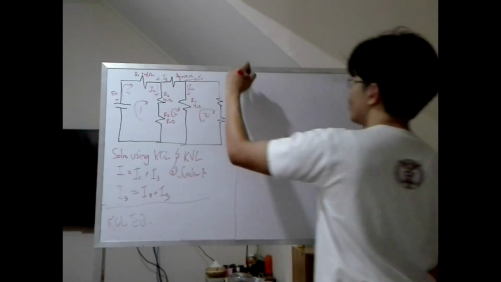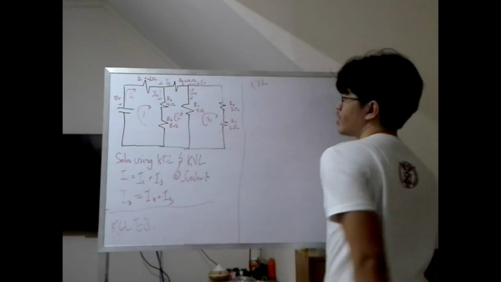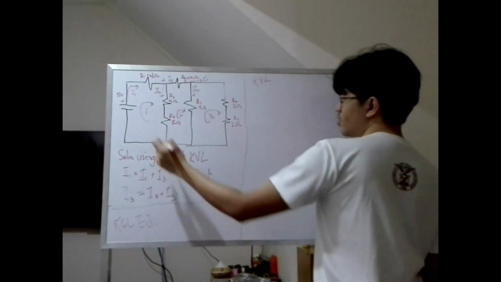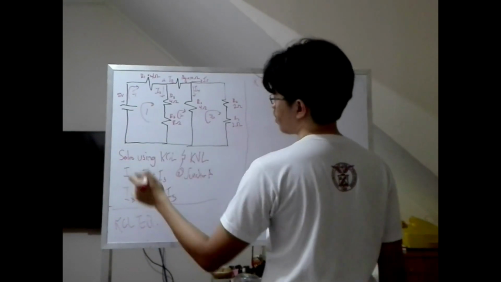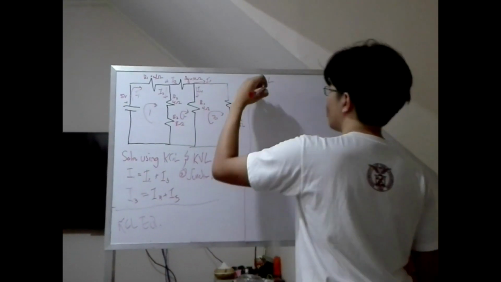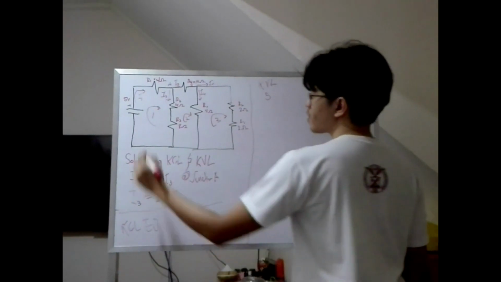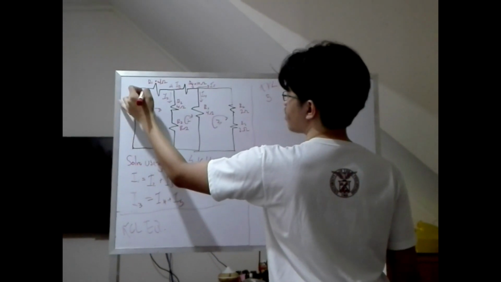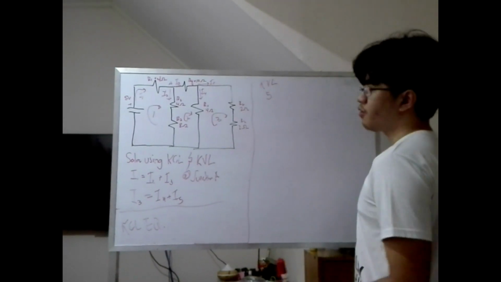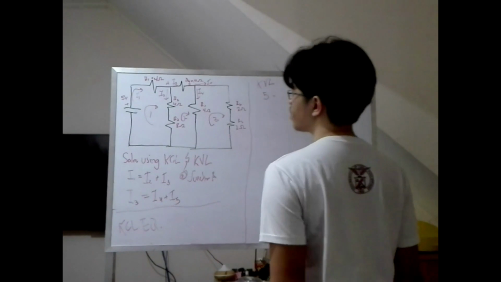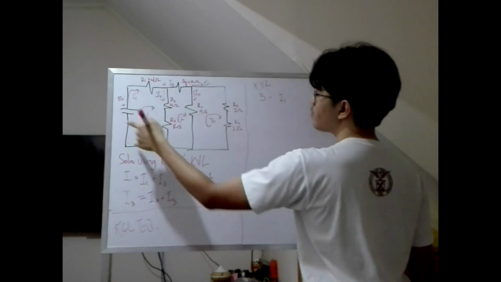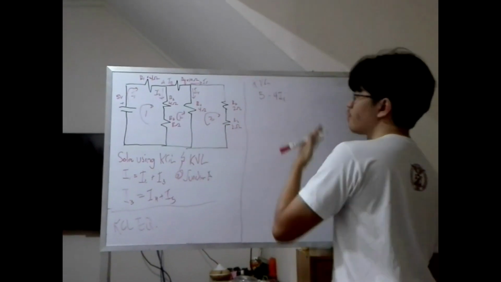Next up are the KVL equations, which are determined by analyzing the loops. Starting from this point here on loop 1, go up here, it's a voltage rise. The voltage rise is 5 volts. Then current I1 is flowing through resistor 1, which is 4 ohms, and by Ohm's law, V equals IR, so the voltage drop here would be I1 times 4 ohms, or 4I1.